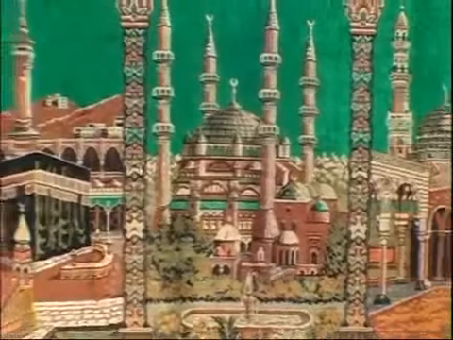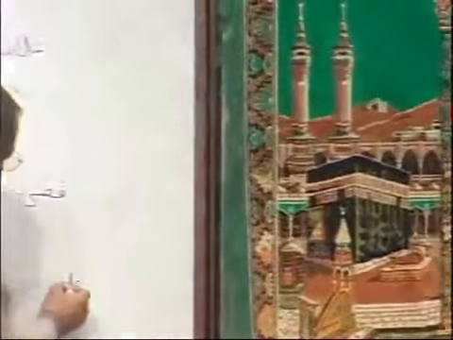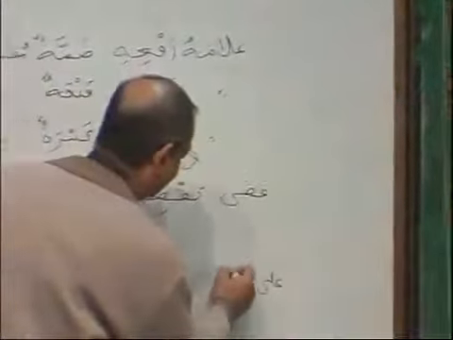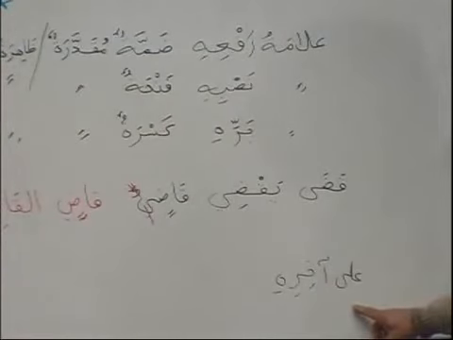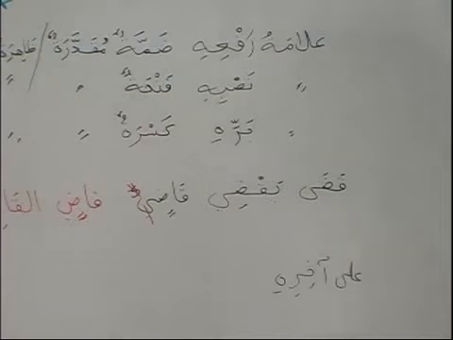Now sometimes people write like this also, brothers and sisters. What did I write down? Ala akhirihi means at the end of it. If you want, you can add it.